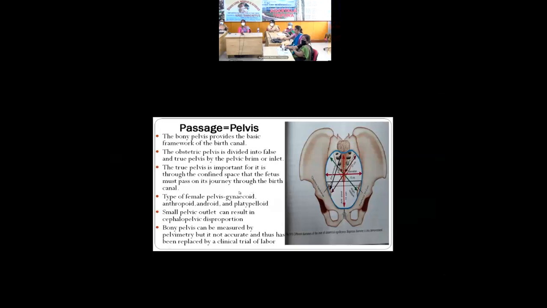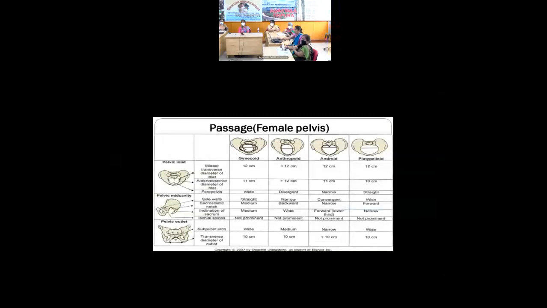The types of female pelvis: gynecoid is the most common one, broad inlet is there, and android, anthropoid and platypelloid. A small pelvic outlet can result in cephalopelvic disproportion. The bony pelvis can be measured by pelvimetry, but it is not accurate and has been replaced by the clinical trial of labor. There are so many ways we can assess the pelvis. Now these are the different pelvis and different diameters, and this is the division.